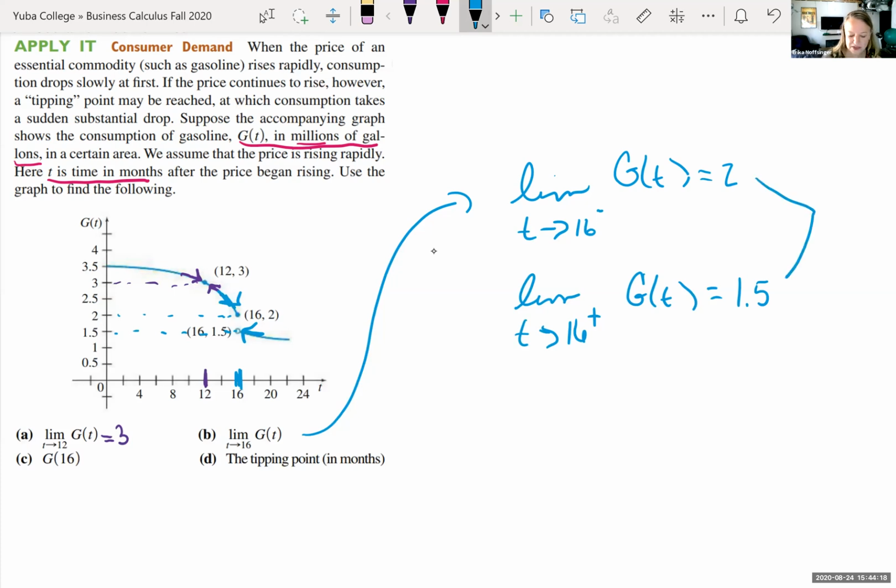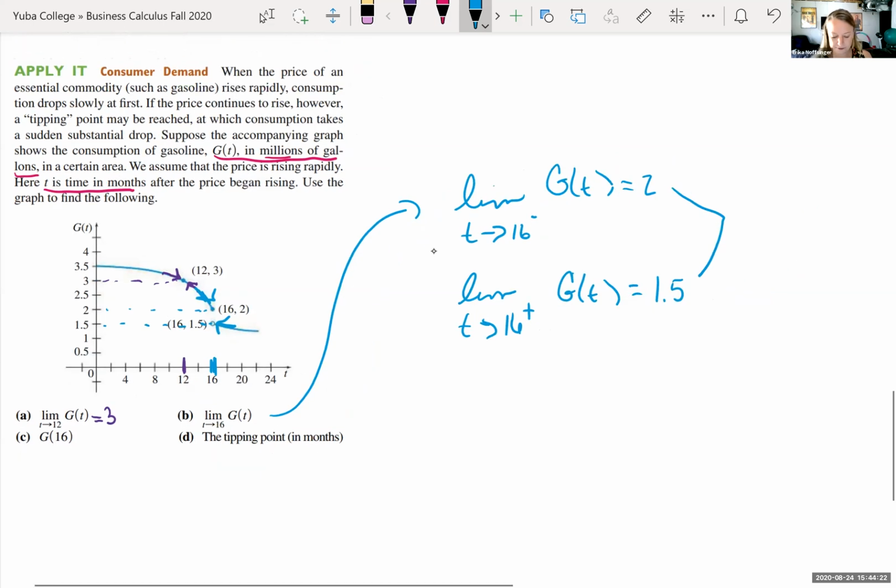If our limits are not the same on the left and the right, then the limit doesn't exist. And it's not x, it's t. So the limit as t approaches 16 does not exist.